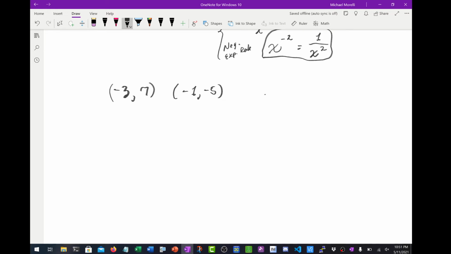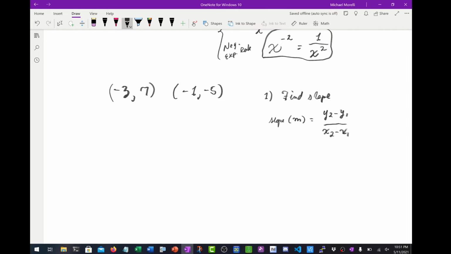A common pitfall for students here is they have to remember a couple of things. First step in finding the equation of a line is to find the slope. And when you're only given 2 points, you have to use the slope formula. So slope, which we call m, is equal to y2 minus y1 over x2 minus x1.